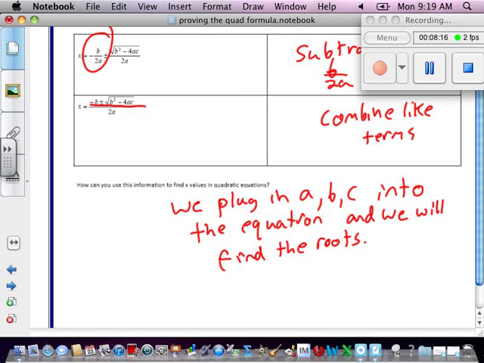Well, we're going to go back to completing the square level 4, and I am going to show you some ways to be able to do this.